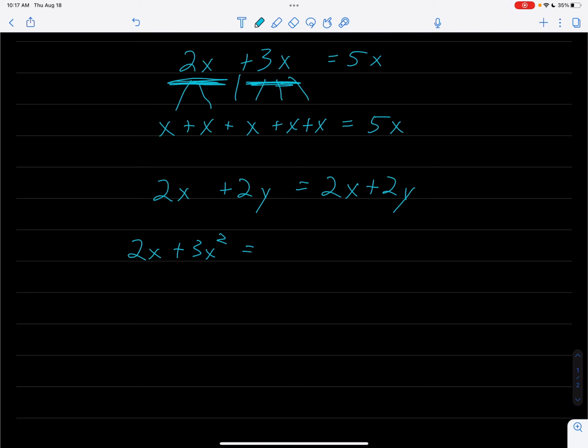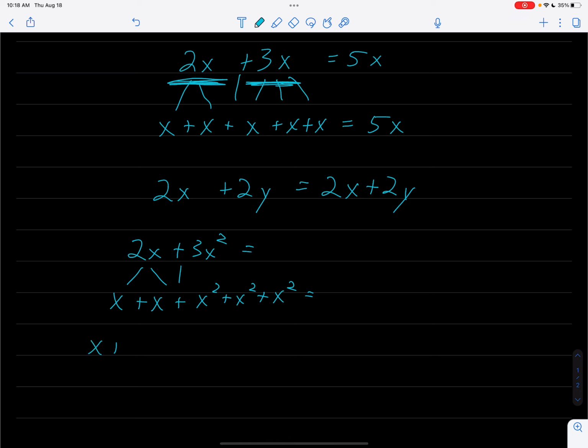But let's go ahead and just expand it out. Remember, 2 times x is equal to 2 of those things being added together. Bring down my plus sign. And then 3x squared means I have x squared plus x squared plus x squared. Notice I only have 2 x's being added together, and then I have a bunch of x squareds being added together.